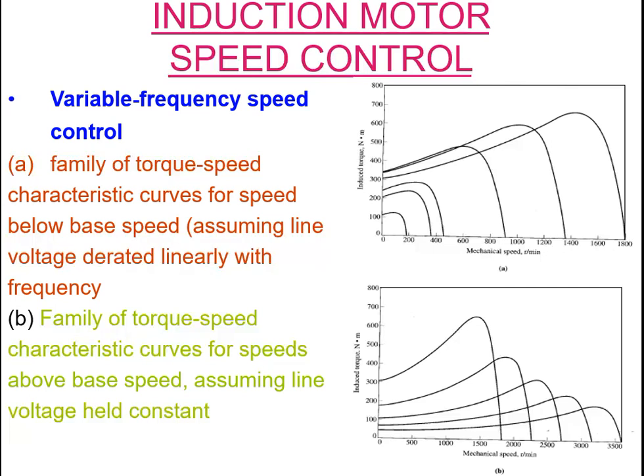Derated means it is reduced. The next curve is the family of torque speed characteristics for above rated speed. Here I am assuming the line voltage is held constant. So these are the two families of curves that represent the torque speed characteristics of variable frequency drives.